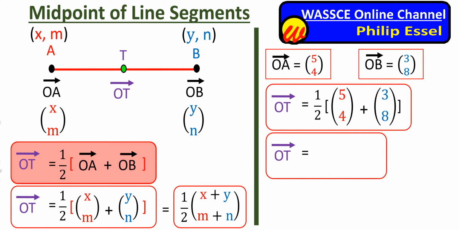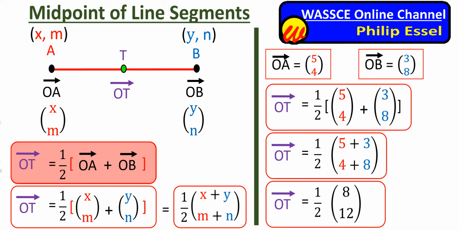So that would give us half of the two X components added together and the two Y components added together. So we have 5 plus 3 and 4 plus 8, half of that vector.